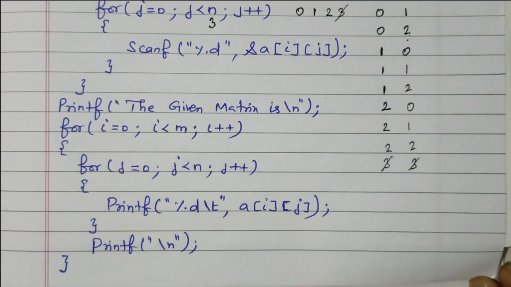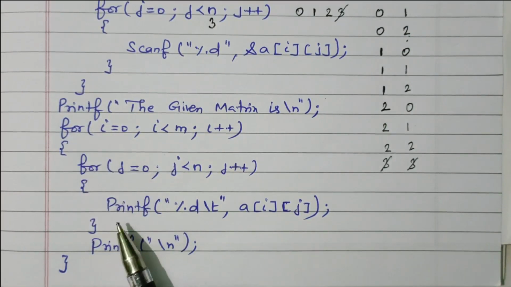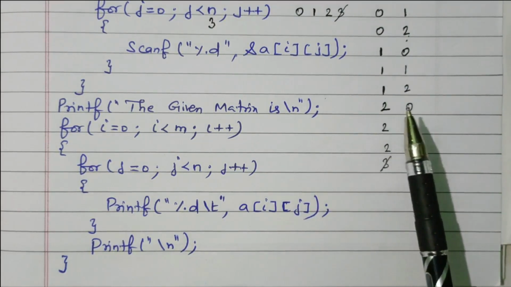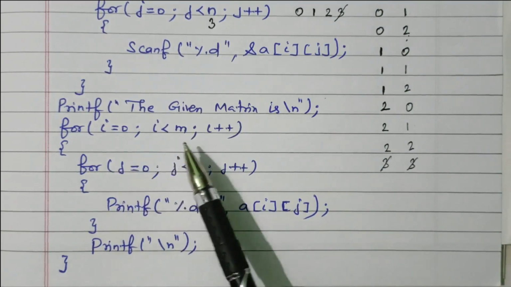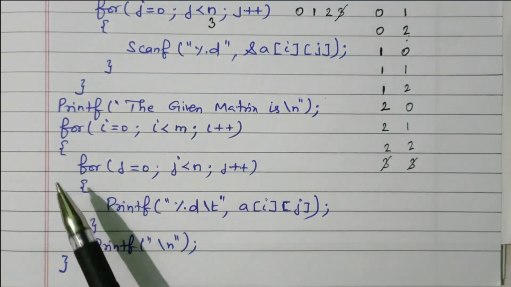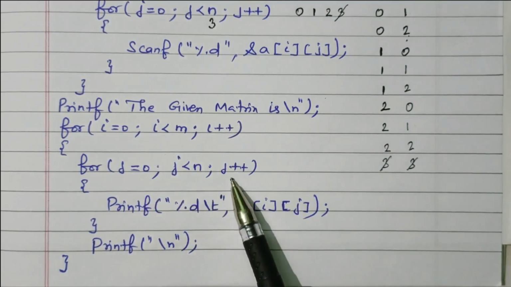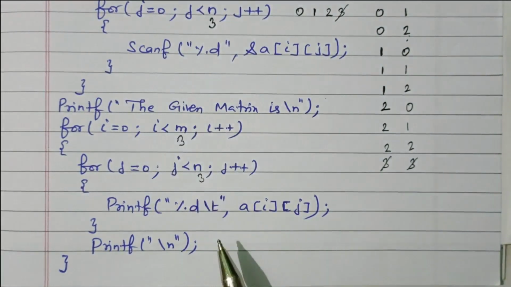Again here we need to open two loops, outer loop and inner loop. The same order in which we read the data, we need to print the data. I equal to 0, I less than m, I plus plus. Then open brace, inner loop, j equal to 0, j less than n, j plus plus. We already know that this is 3, this is also 3.